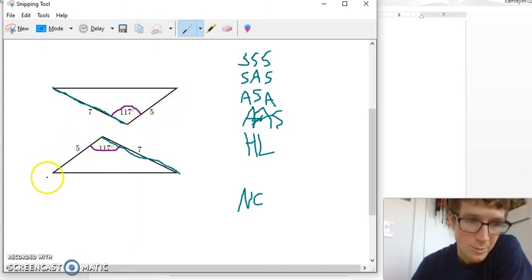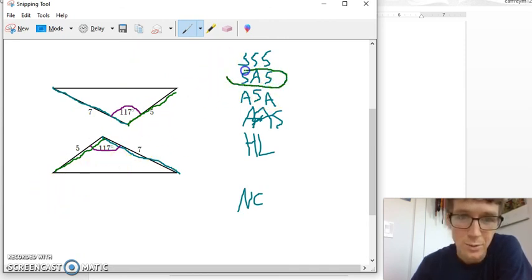So these two 5s match up. I'm going to highlight this side matching this side. If you start on green over here, green, purple, blue, side, angle, side, it matches green, purple, blue, side, angle, side. So for this one, this is congruent, and it's congruent because it's SAS.